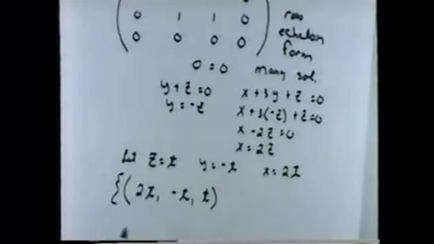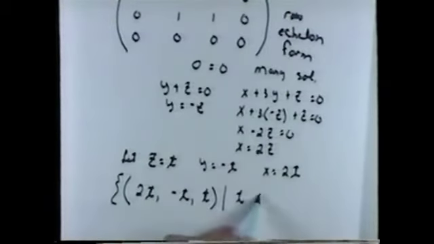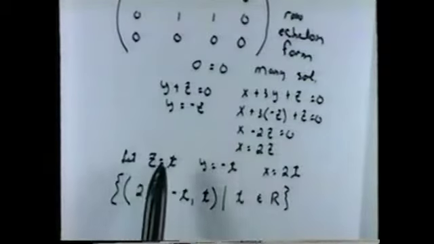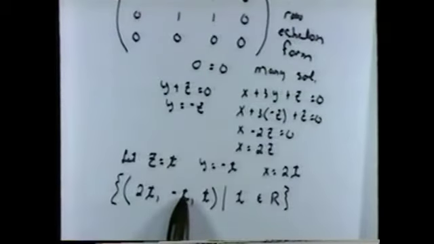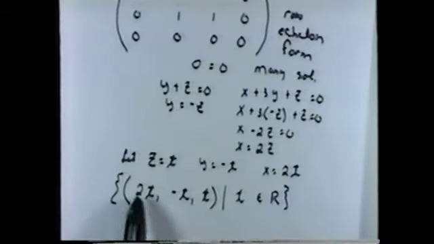I can write it in set notation, instead of all ordered triples, 2t, opposite of t, t, such that t is a real number. Well, we see 0, 0, 0 is in there, because if I let t be 0, 2t is 0, the opposite of t is 0, and t is 0. So 0, 0, 0 is one of many solutions.